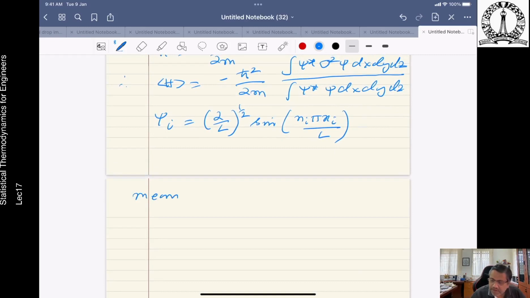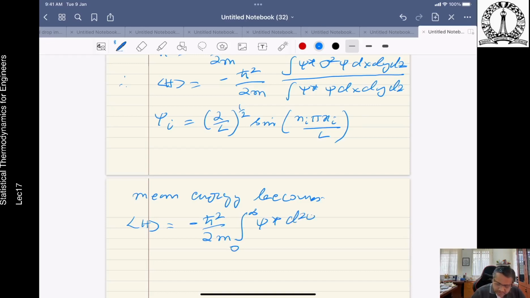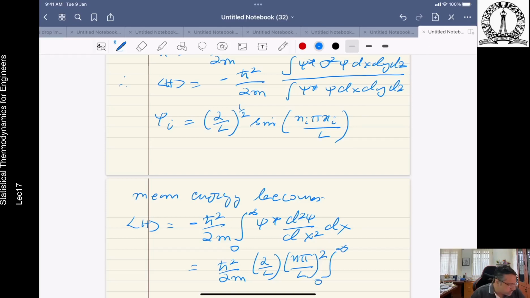The mean energy becomes, you have to just plug this in, equal to ħ²/2m times (2/L)(nπ/L)² times the integral from 0 to L of sin²(nπx/L) dx.